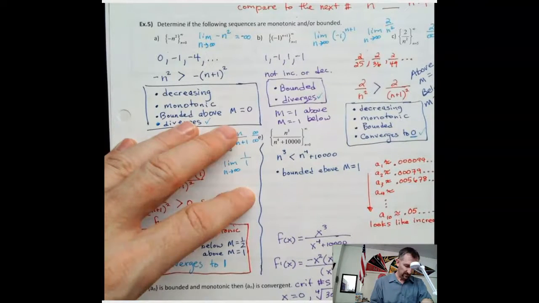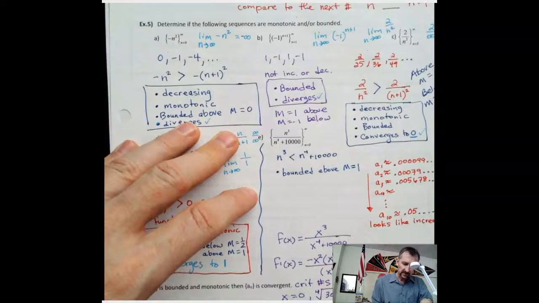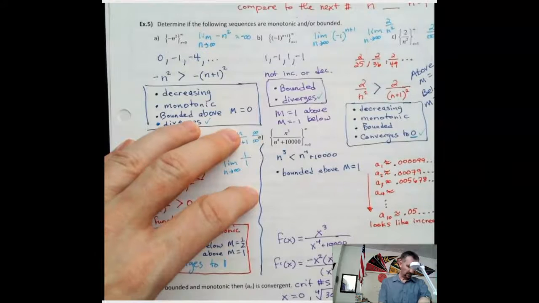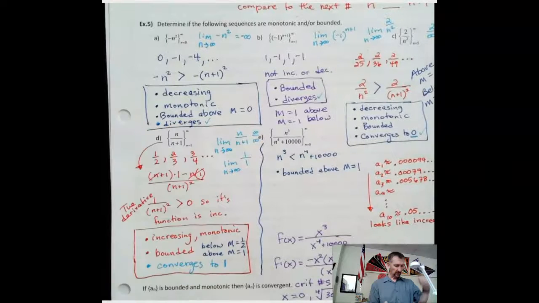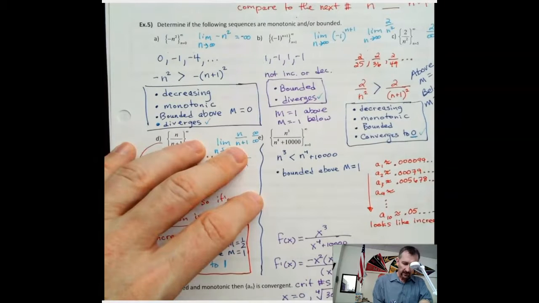So what that means is that we're increasing from 0 to 13. But then after that, we're going to be decreasing for n larger than 13. So that's kind of odd. We have those two different situations. That's unusual.